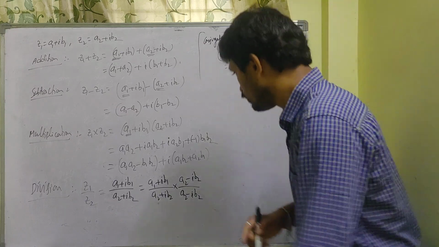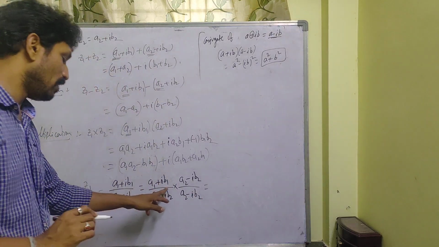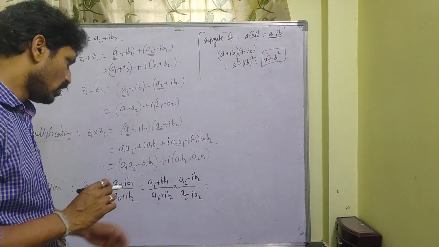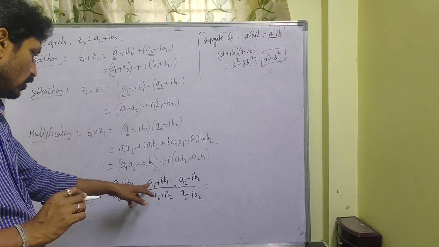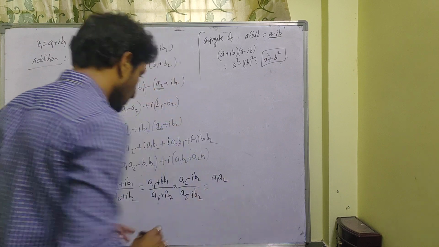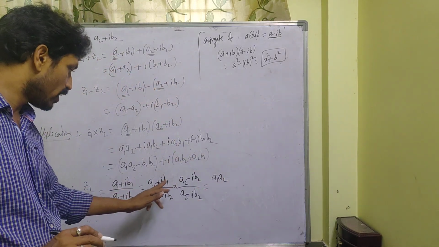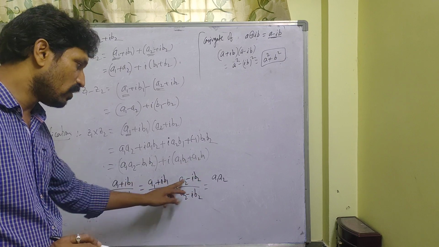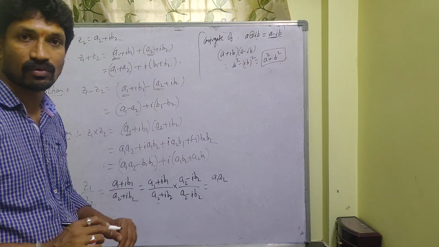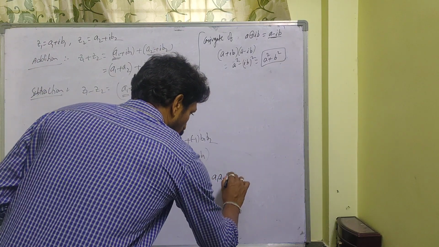Here also we can write (a1 + ib1) into (a2 - ib2) as the numerator. You multiply a1 a2. Write the imaginary and real parts separately. You get a real part again when ib1 multiplies with -ib2, so that is minus i square b1 b2. Minus i square is minus 1, minus into minus plus, so plus b1 b2.